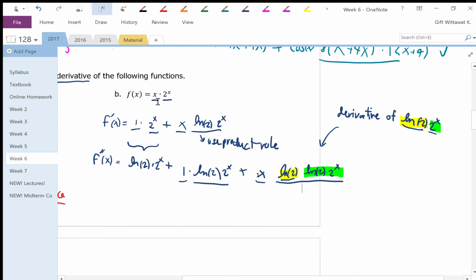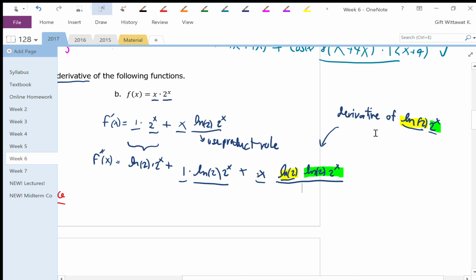So I take the first derivative. That's pretty easy, that's just the product rule. I take the second derivative. The first one is pretty simple, I just use the basic exponential rule. The second one is the product of two things, so I use the product rule. The first term is easy. The second term, however, involves finding the derivative of log of 2 times 2 to the x.